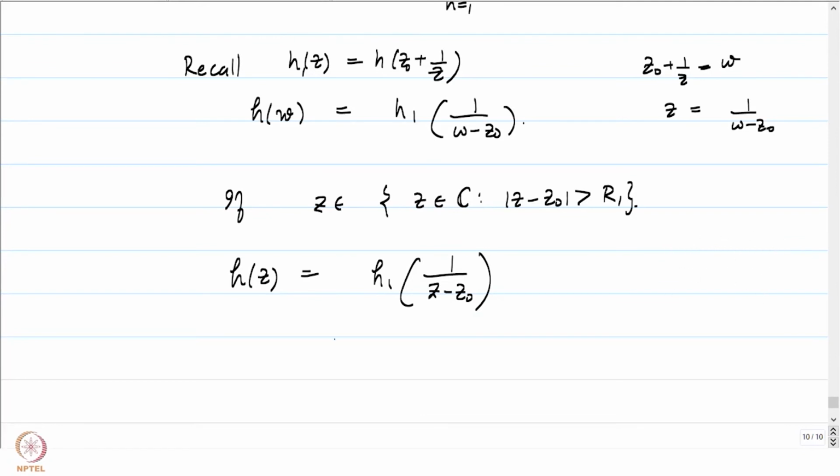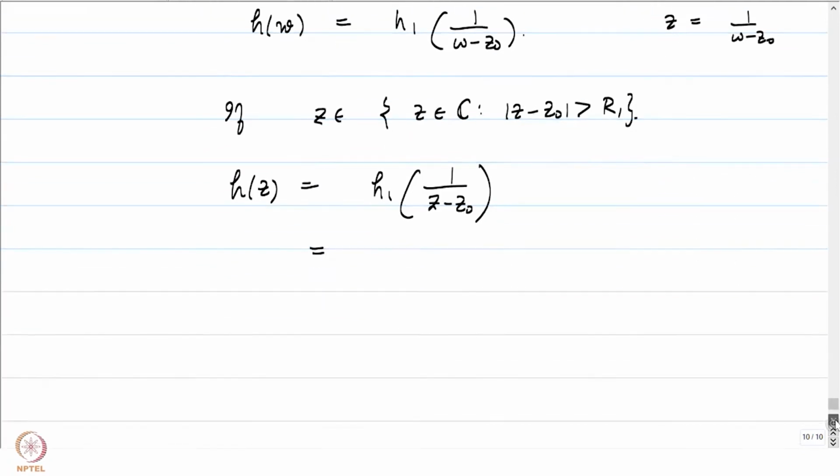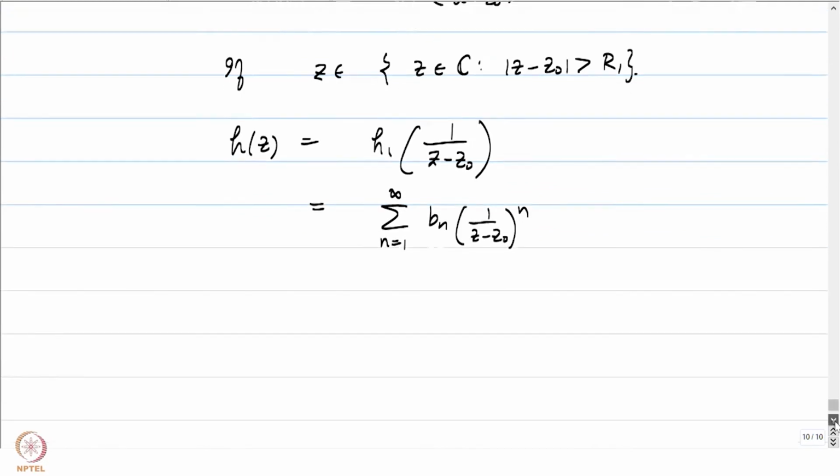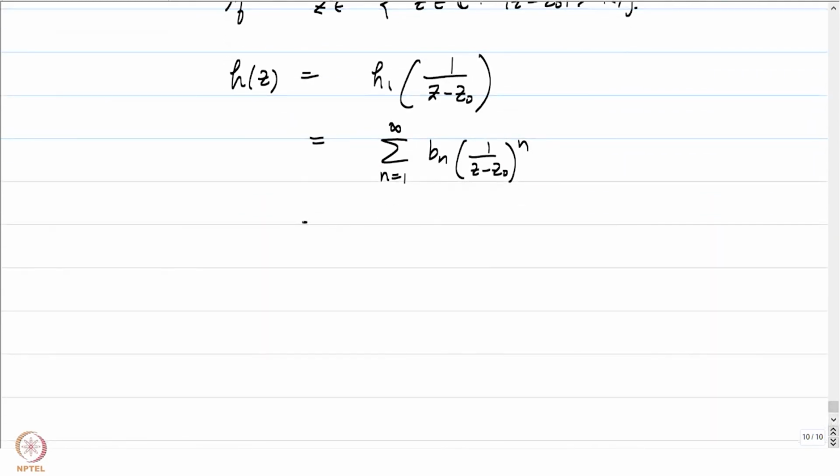And this is going to be equal to, by the very definition, b n times 1 by z minus z0 to the power n, where n goes from 1 to infinity. By calling b n to be a minus n, we have this is going to be equal to summation a n z minus z0 to the power n, where n is from minus 1 to minus infinity.